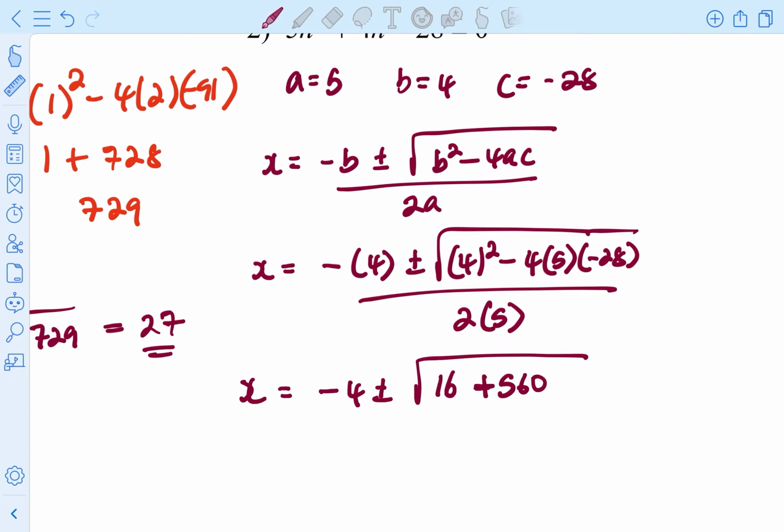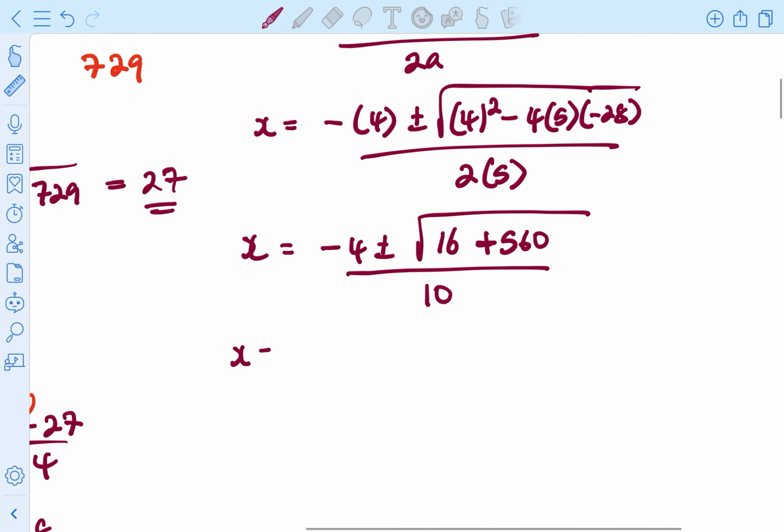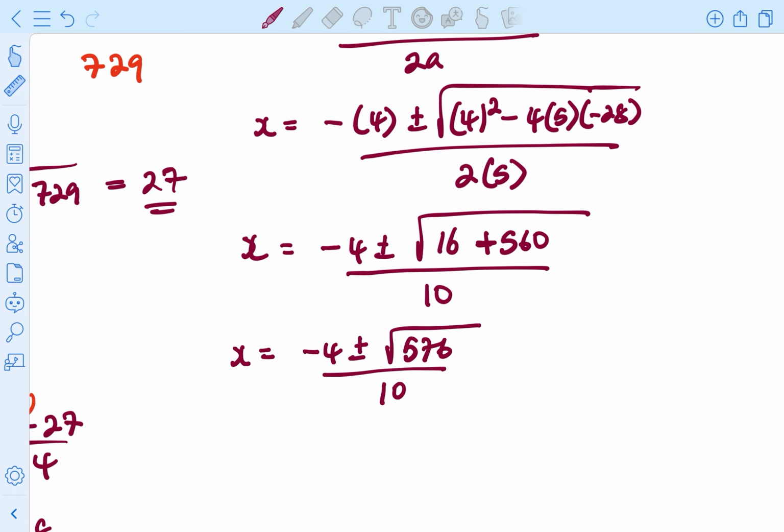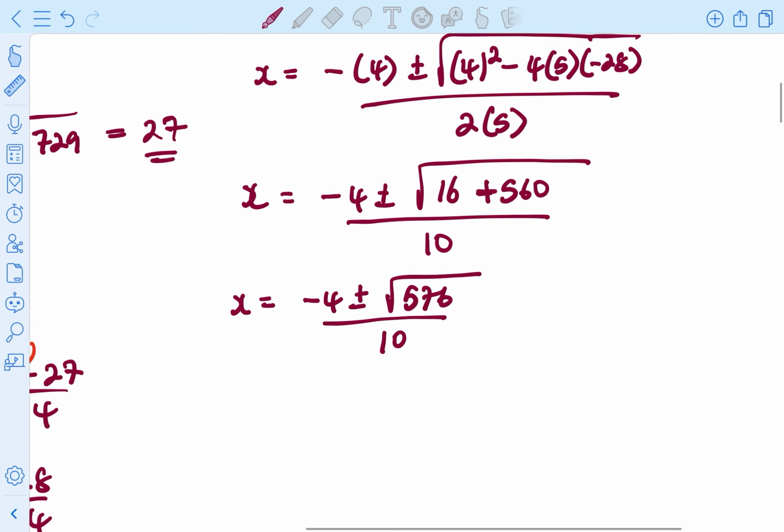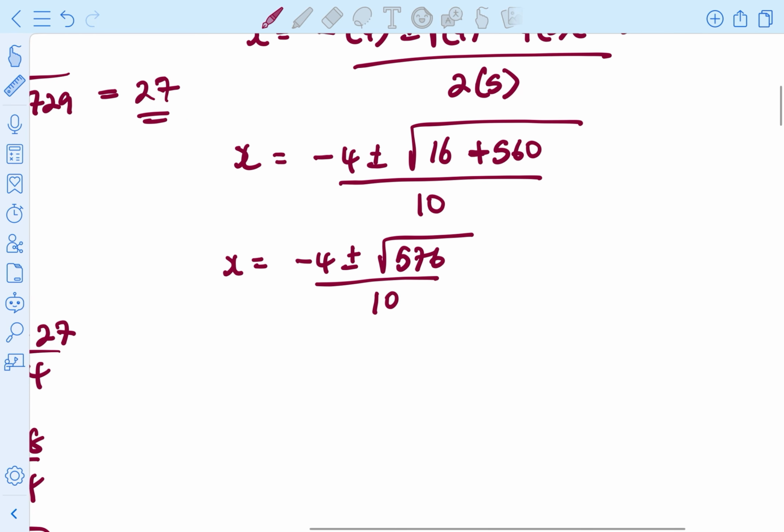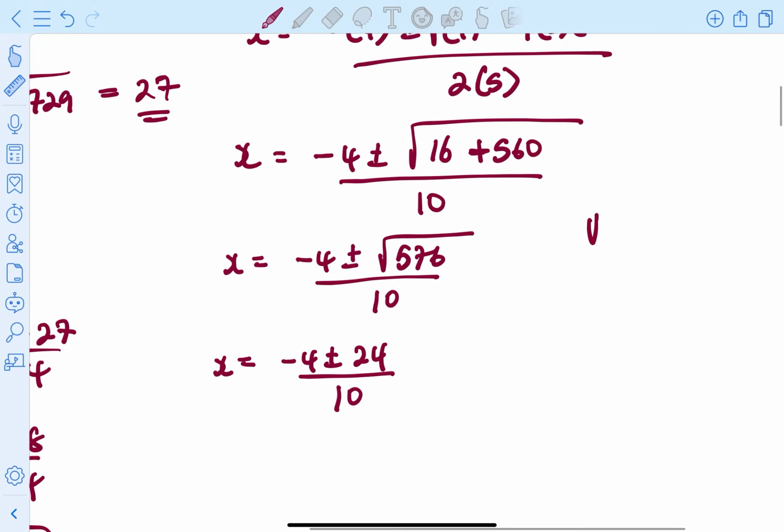So this will be 10 here, and then x is equal to -4 plus or minus the square root of 576 divided by 10. The square root of 576 is a perfect square, so x will be equal to -4 plus or minus 24 divided by 10, because the square root of 576 is equal to 24.